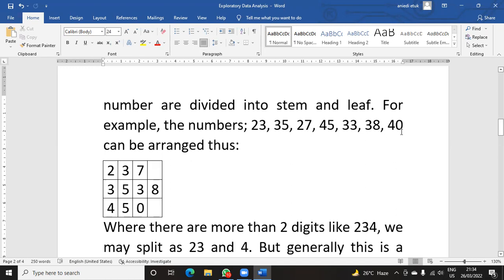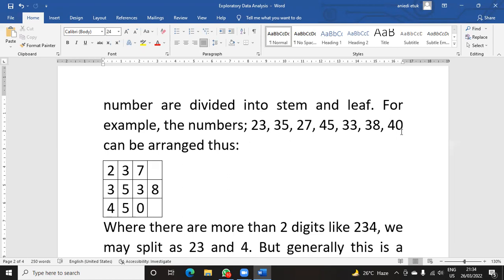How do you represent this? If you start writing this on paper, and you want to collect up to 100 integers of data, it will become cumbersome. So this is where stem and leaf plot comes in. It's like an abacus.